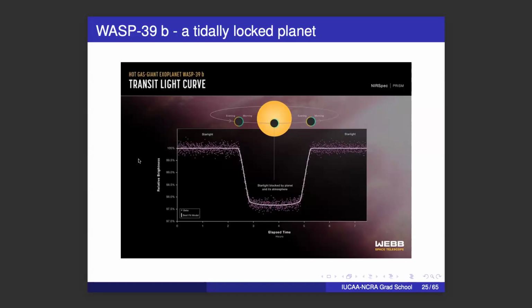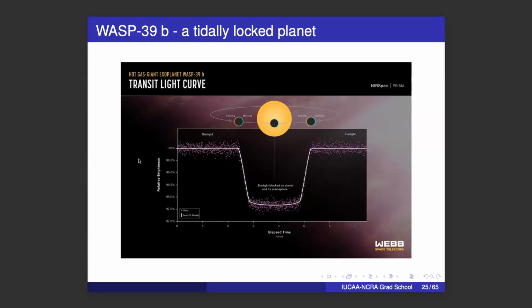This has an atmosphere, and they've been able to study the atmosphere. But they also know that because this orbit is so close to the parent star, it is tidally locked. Okay. What does that mean? That means that the period of rotation and the period of revolution are the same.